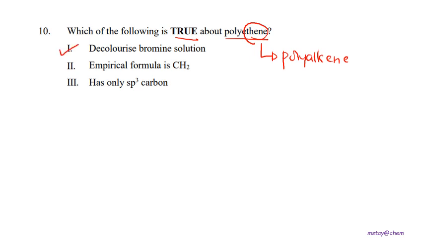From the name polyethylene, it means that the monomer is ethene with the formula CH2CH2, and we can also simplify the empirical formula to CH2. It has sp3 carbon, meaning that it will have single bonds. But as we know, polyalkene consists of carbon-carbon double bond. So option 3 is wrong. So the correct answer is option 1 and 2 only.